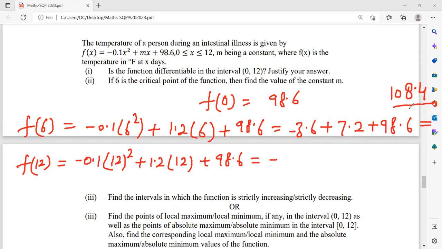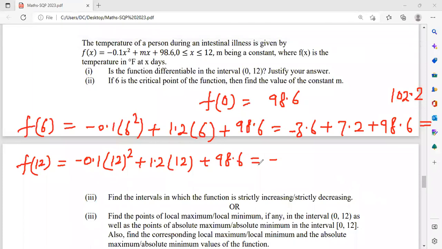We need to fix it. 108 fever is too much. Okay, let's fix it. So it should be negative 3.6, and 7.2 should be positive. And if you add 3.6 in this, 6 and 6 is 12, and 98 plus 2, 102.2. Yes, 102.2.